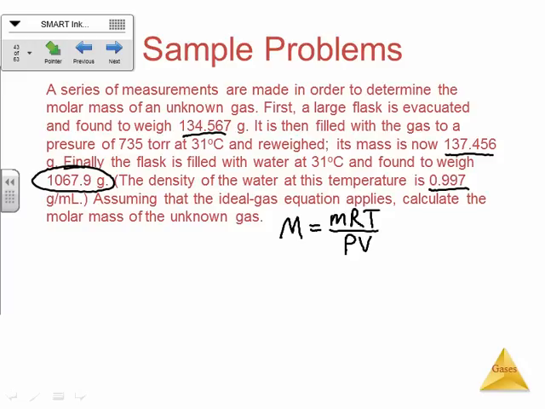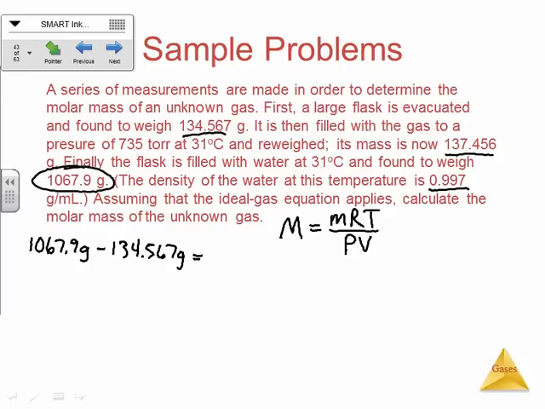So the way we'd go ahead and solve this one, we got this 1,067.9 grams of water, and we're going to subtract the 134.567 grams of the flask, and that's going to give us the mass of the water. 933.333.